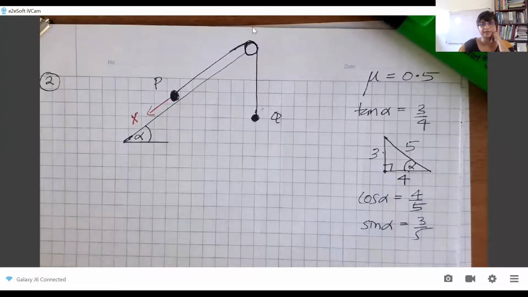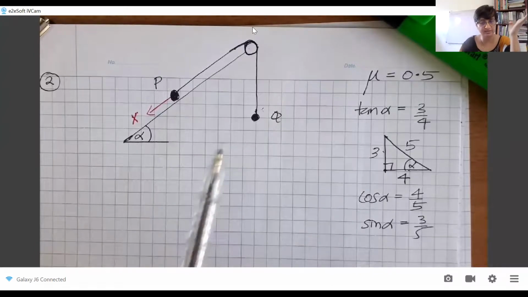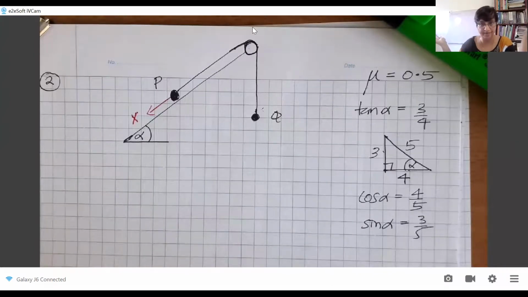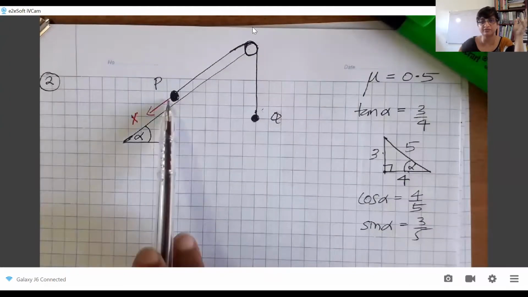Now, what I have given you in that short note as a strategy is, regardless of what they're asking, always start by drawing free body force diagrams for the two particles and then applying F equals ma. Because now this system is going to move, especially if you are applying a force here.